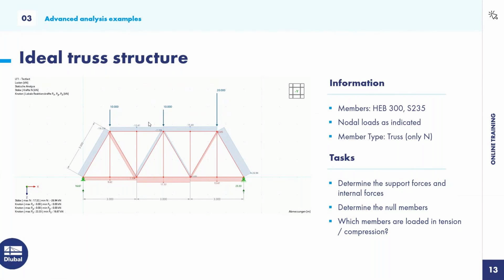Then we only have applied loads on the nodes between members. So we don't have any intermediate loads or uniform member loads. Even the self weight of the members is neglected.